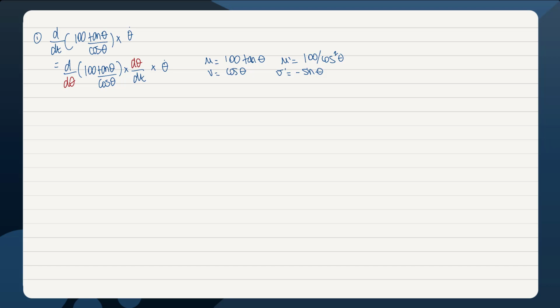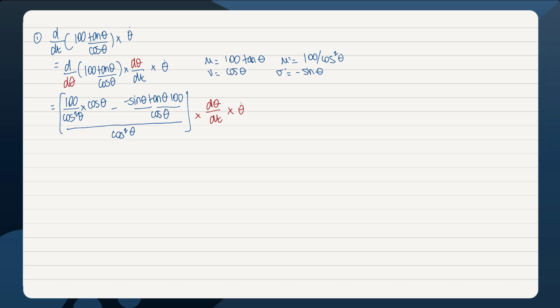If you do not know how I got u prime and v prime, you can simply check any reference book on derivatives. So now that we know what u prime and v prime are, we can expand and get the derivative with respect to theta of 100 tan theta over cosine theta, and we would get the expression which is shown here, times d theta divided by dt, again, times theta dot.